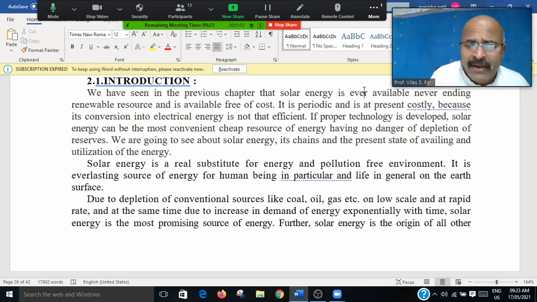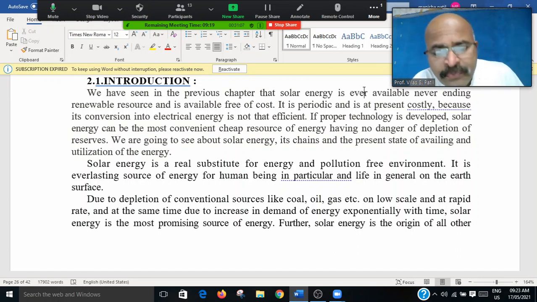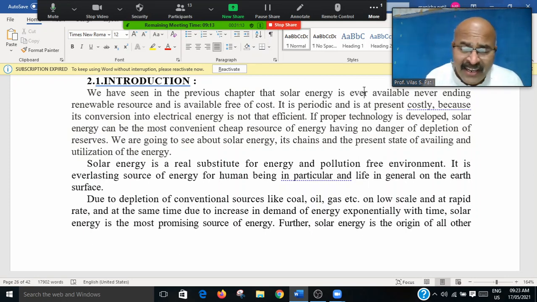It is available free to us, and there is depletion of conventional sources like coal, oil and gas at a rapid rate, while at the same time the demand for energy is increasing. We know that these sources are limited.